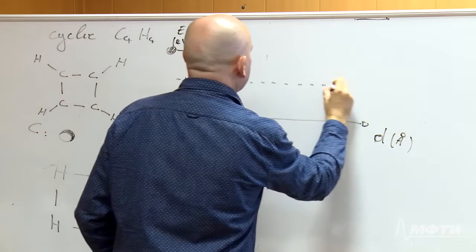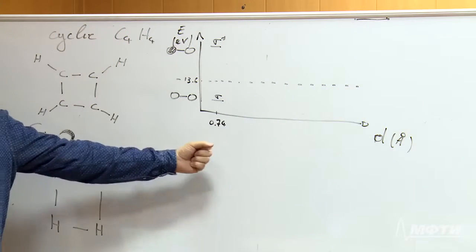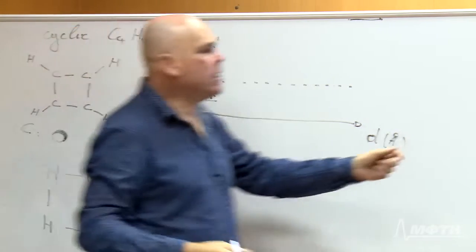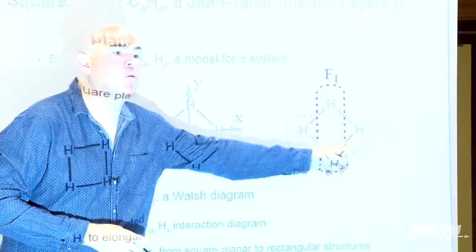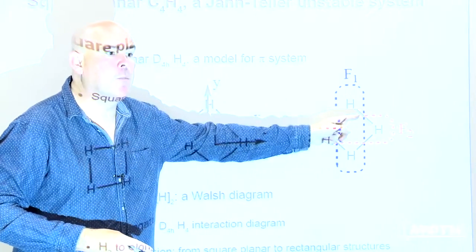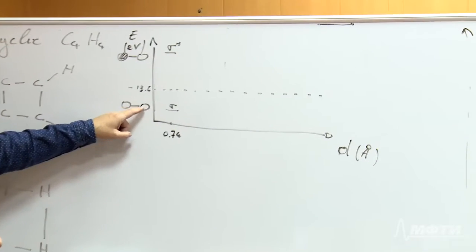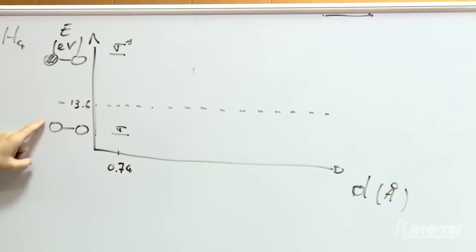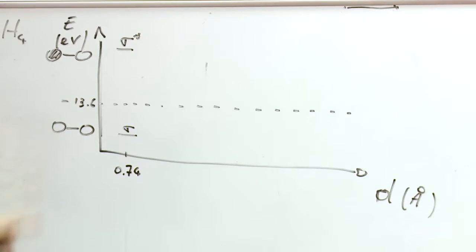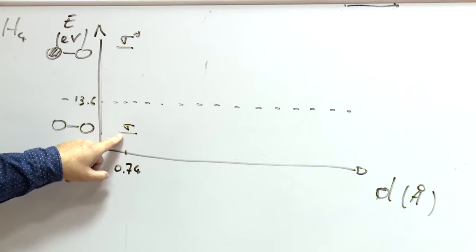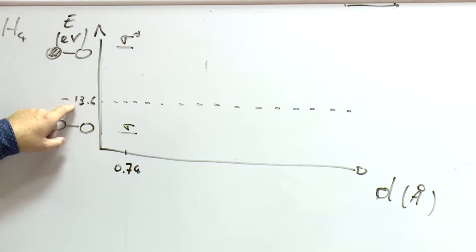So I continue like this, okay? Now I increase the distance between two hydrogen atoms in order to get the molecular shape and energy of this F1 and F2 fragment. Let's say a very small interaction. What happens if I increase the distance? The positive overlap goes to almost 0, so the energy of this level goes to minus 13.6.